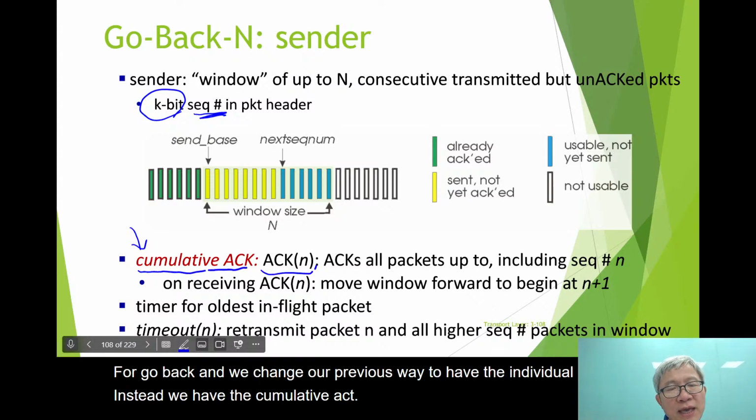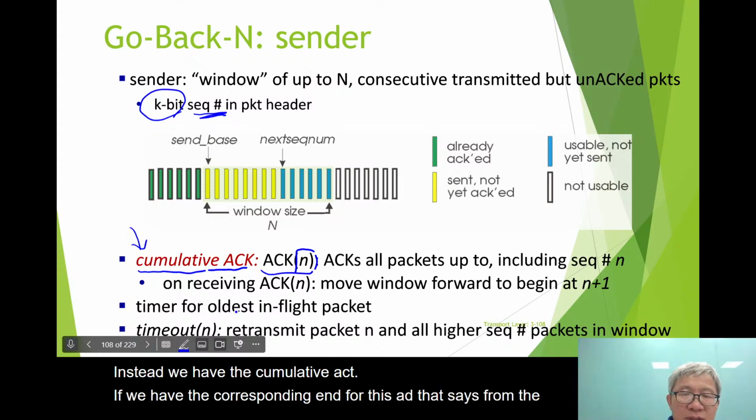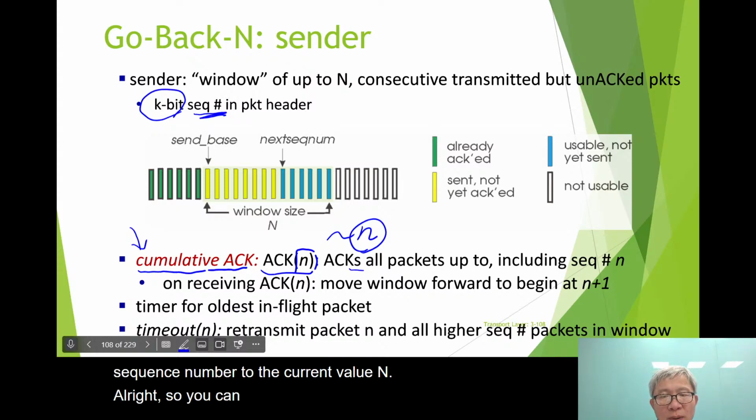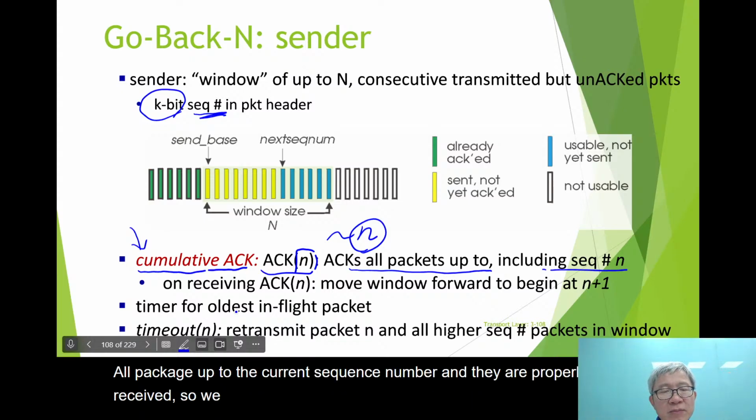If we have ACK N, that says all packets from the initial sequence number up to the current value N are properly received. So we have the cumulative ACK.